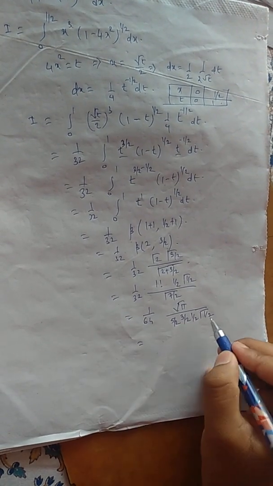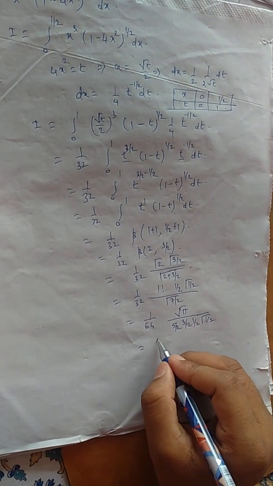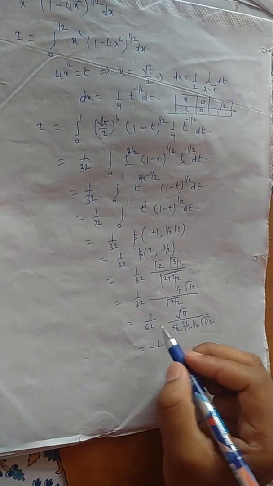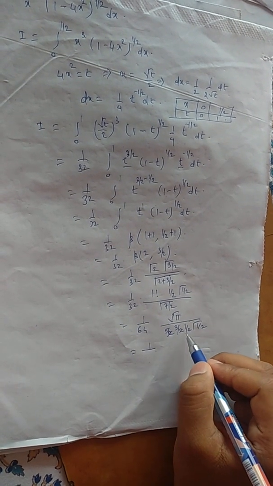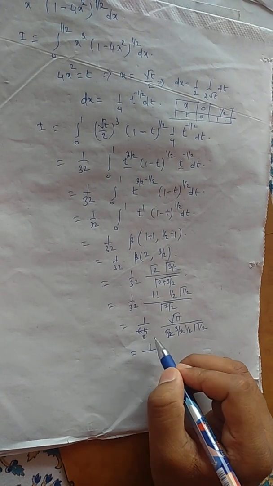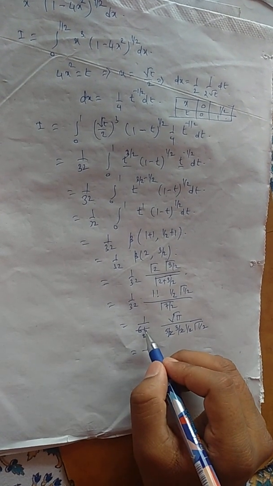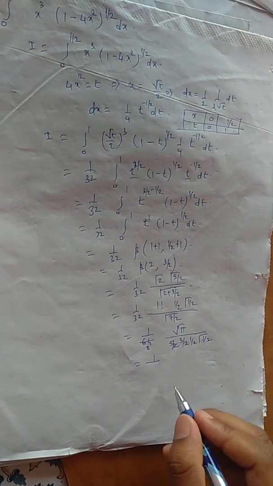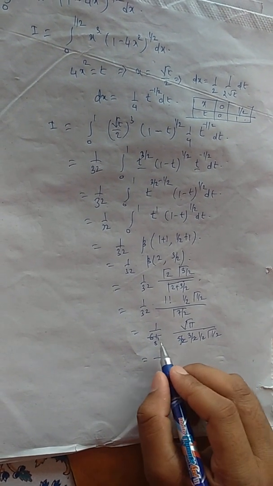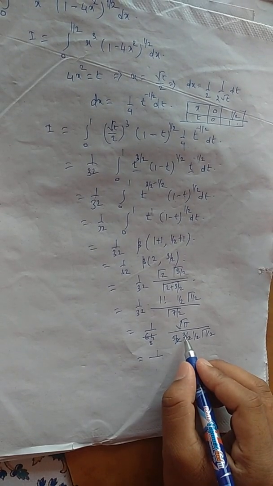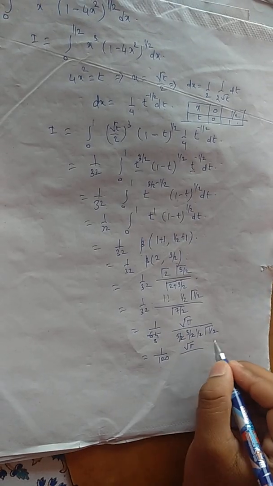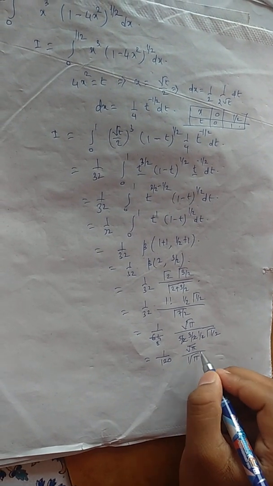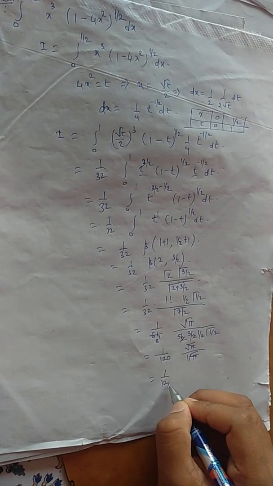Gamma 1 by 2 becomes root pi, so 1 upon, now simplifying it, 8 ones are 8 and 8 8s are 64, this gets cancelled, so 8 into 5 is 40, 40 into 3 is 120, so 1 upon 120 root pi as it is, and this becomes root pi, this gets cancelled, and the value of that integral becomes 1 upon 120.